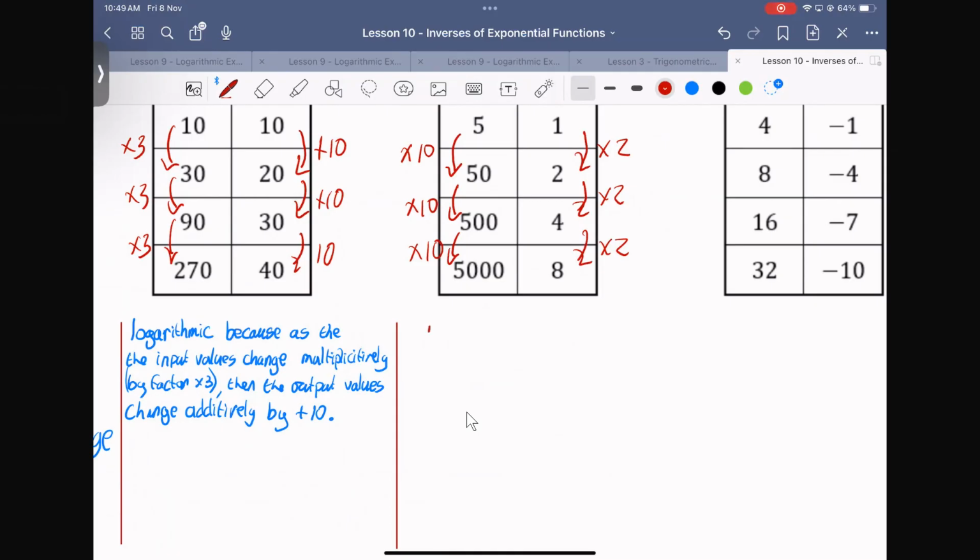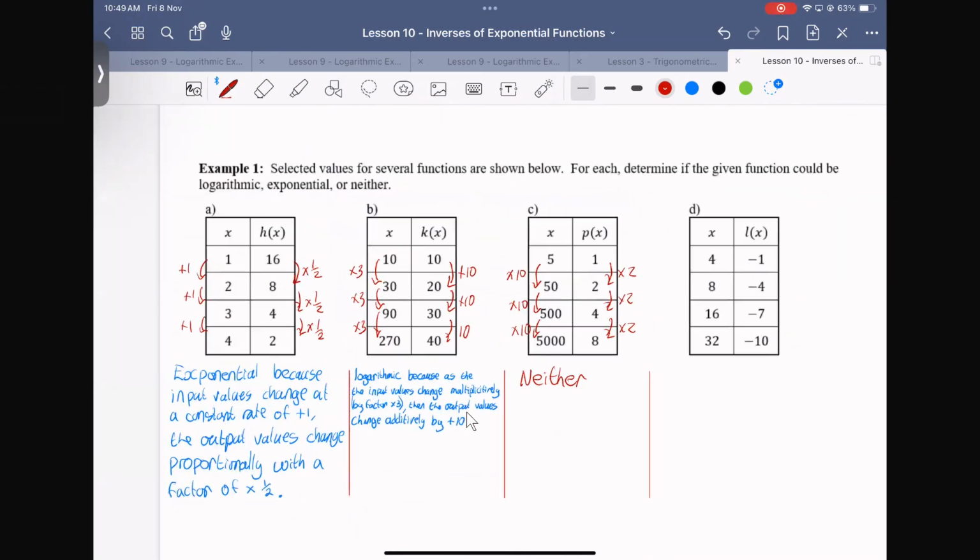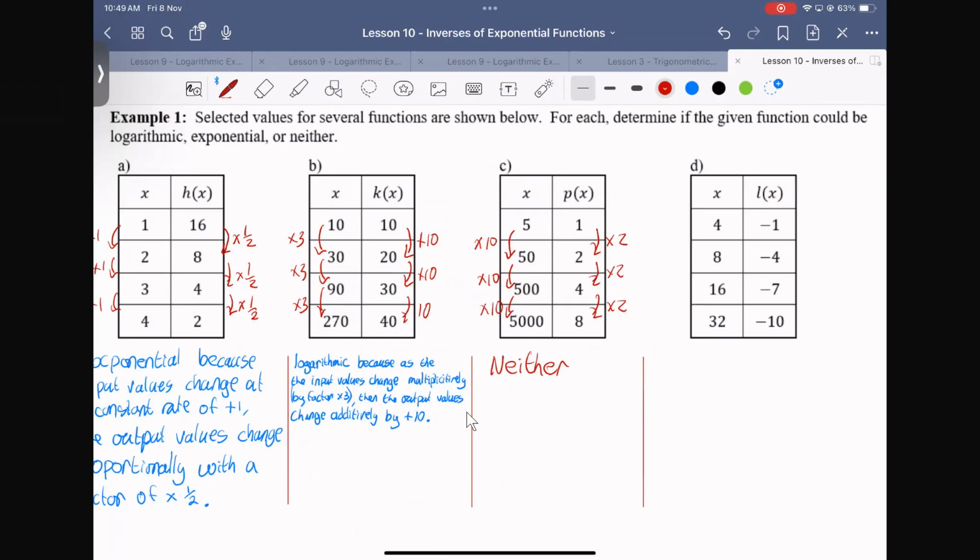It can only be neither. If we wanted to know what type it was or what it might look like, what would be the best strategy at this point for us to use? How would we graph it?